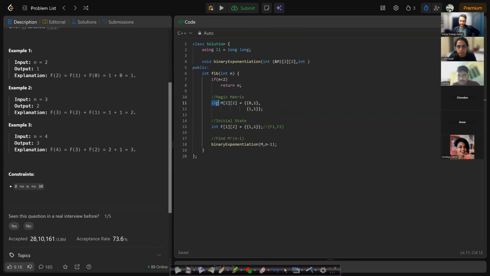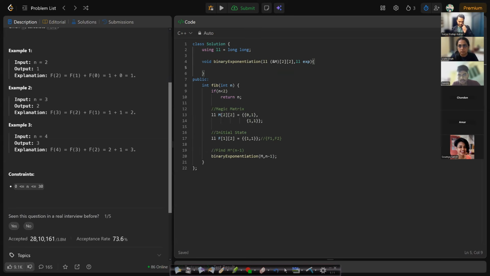I think I should define LL for everyone. Let's keep LL. Even if you write integer, I think it should work, but let's write the long integer. So let's keep the value as m, and then let's keep exponent. Even though you could write base and exponent, that would make it more readable. So let it be m, whatever it is. Okay, please tell me what to do first.